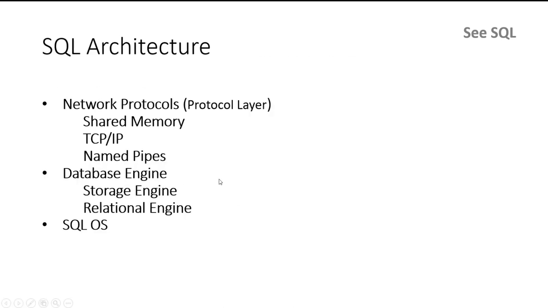In this video, I am discussing the following points of SQL Server architecture. That is mainly network protocols, database engine, and SQL OS. The network protocols contain shared memory, TCP/IP, and named pipes, and the database engine contains the storage engine, relational engine, and SQL OS.